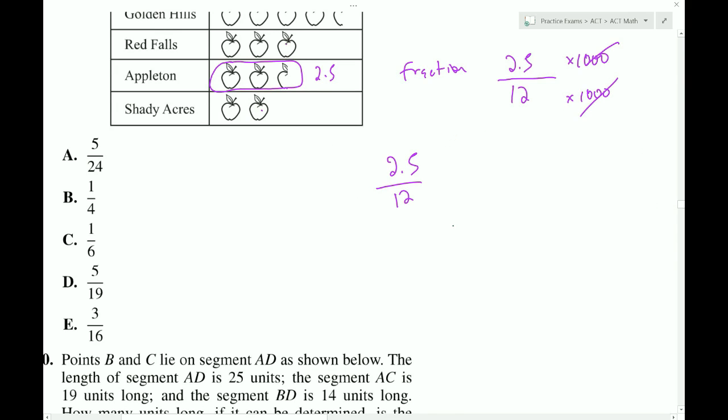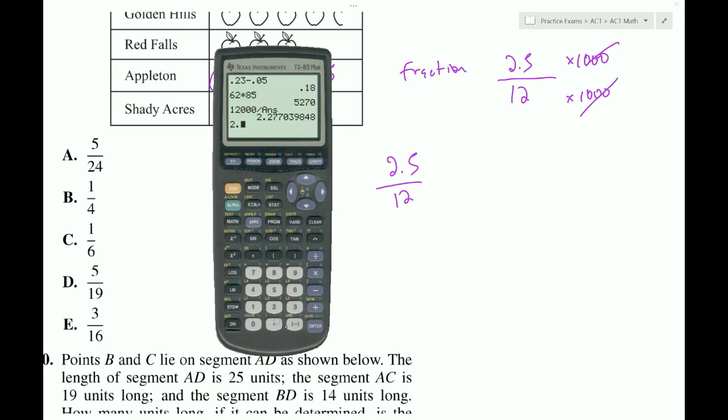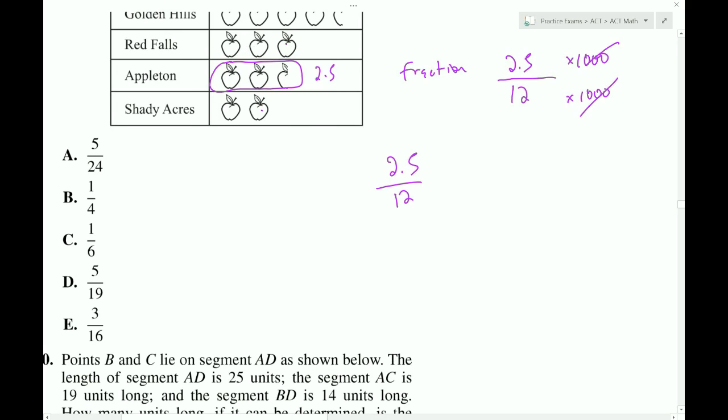I'll start with the calculator method. So we could put this into the calculator, divide it up. That'll give us a proper decimal, and then we could do math, fraction, enter. 5 out of 24, okay? Now if you don't like that, you'd rather do it by hand, then to get rid of a 0.5, you have to multiply by 2, right? So you do that on top and bottom, and that'll give you 5 over 24.